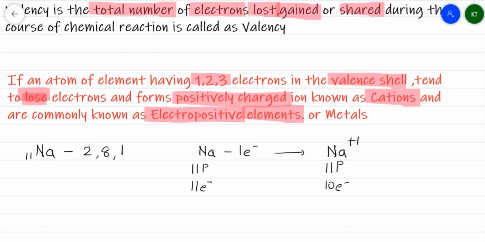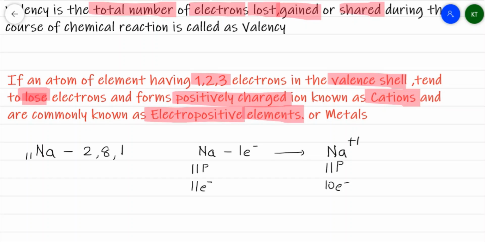See, in the case of the sodium atom, 11 positive charges balance 11 negative charges. That means it does not have any charge, it's neutral. But when it gets converted into an ion, the positive charge is more. In the case of the sodium ion, the electrons are less. So I have 11 positive charges balancing 10 negative charges.